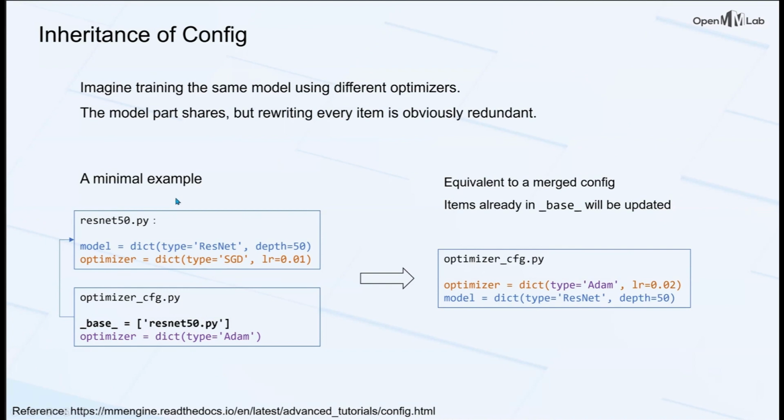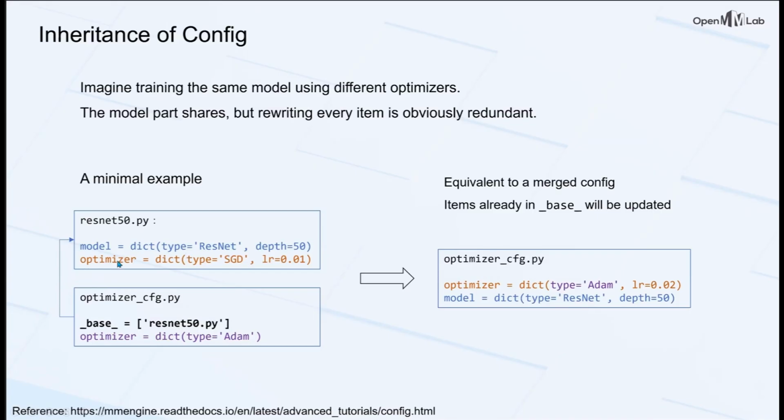For example, we can first create a config file of the model as the base config. And then we can create an optimizer config as the child config. And in the optimizer config, we specify the model config as the base config. So when you use the child config, which is the optimizer config, items in the base config will be inherited, and the keys in the child config will be appended or updated to the base one.